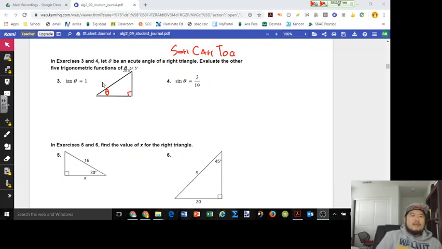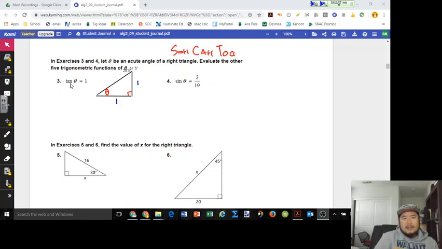Well, there's many ways we could divide two numbers and get 1, right? I could have 5 divided by 5, 10 divided by 10, 100 divided by 100. So why not make this easy and say that it's going to be 1. So I'll go ahead and put 1 right here for opposite and 1 right here for adjacent.